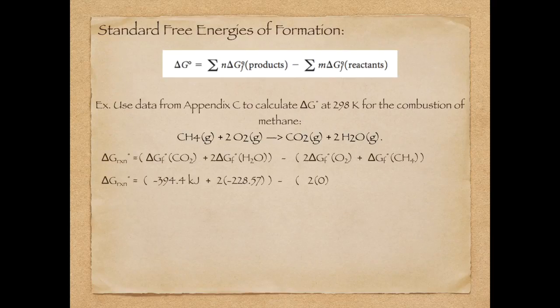Remember, for entropy it was not, but for enthalpy it was. Plus the standard free energy change of formation of methane, which is negative 50.8 kilojoules. And so when I calculate that, my standard free energy change for that reaction is going to be negative 800.7 kilojoules, which tells me that that reaction is going to be spontaneous.